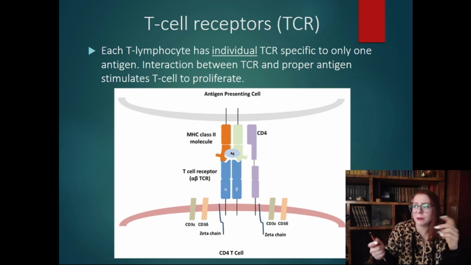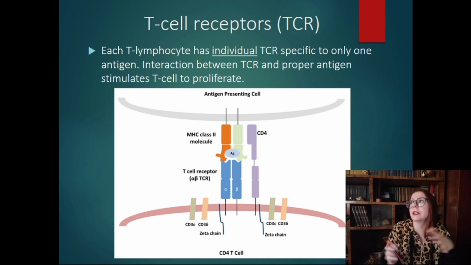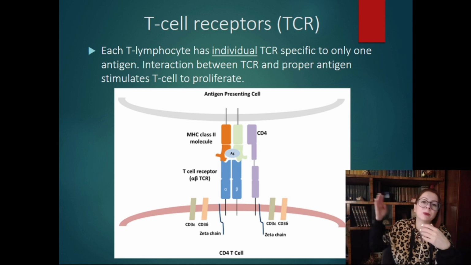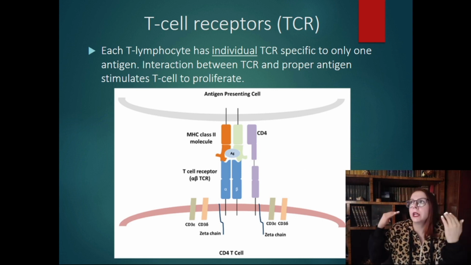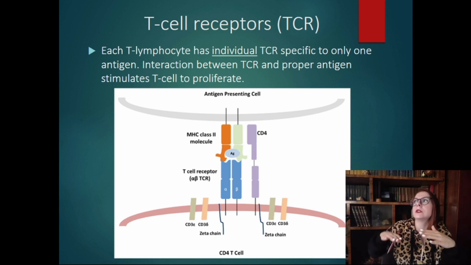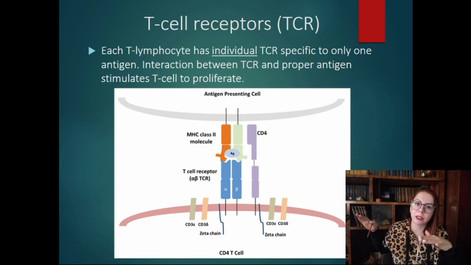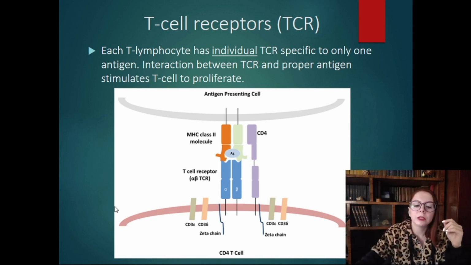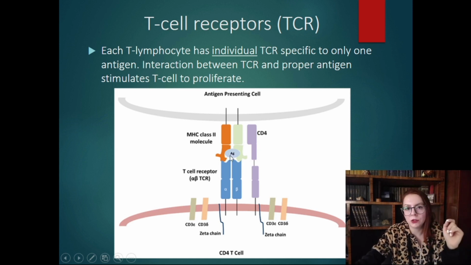Actually, not one type, because we are usually infected by bacteria which have many antigens, and many respective T cells get activated. But you have to understand that not all T cells get activated, only a set of T cells with their T cell receptor fit for this antigen.